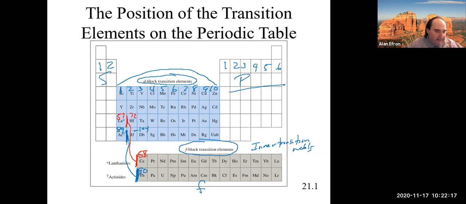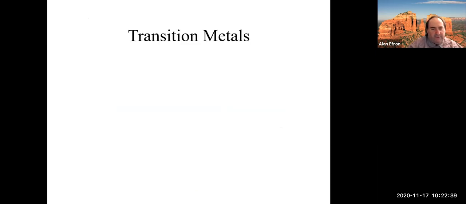And the F subshell could hold 14. So what we're talking about a lot is our D block or F block, but mainly our D block in terms of electrons and their configuration.